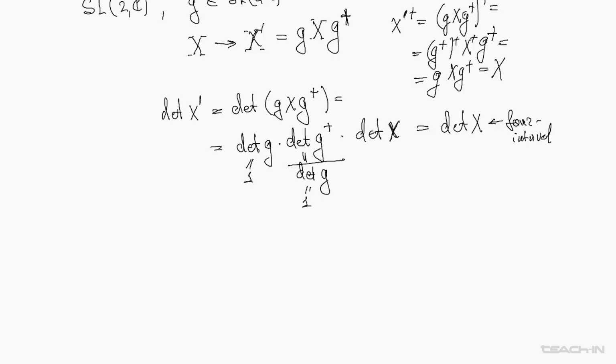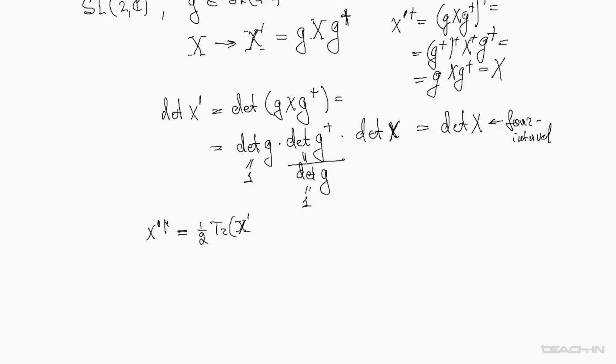But we can write this transformation more explicitly. Yes, there was a question. We can write it more explicitly. So we say x prime mu. What is this? This is 1/2 trace of x prime, of this Hermitian matrix X transformed, multiplied by sigma mu.